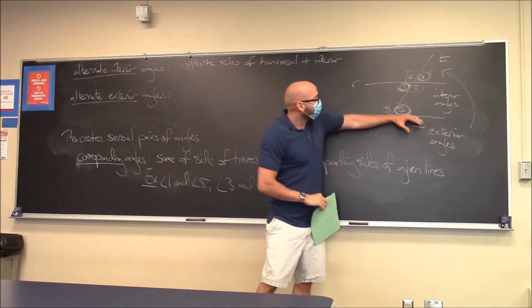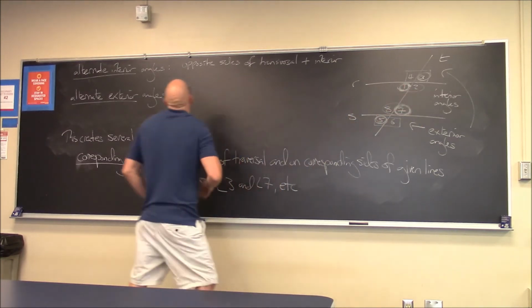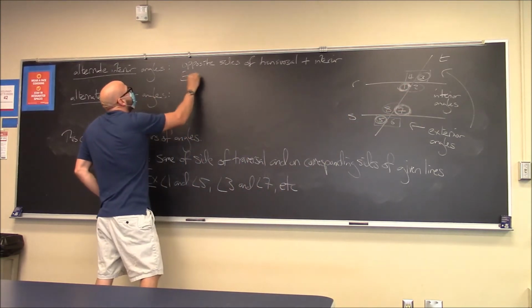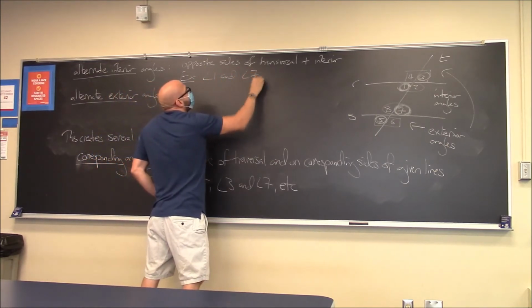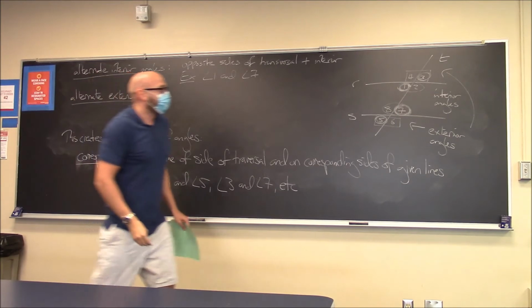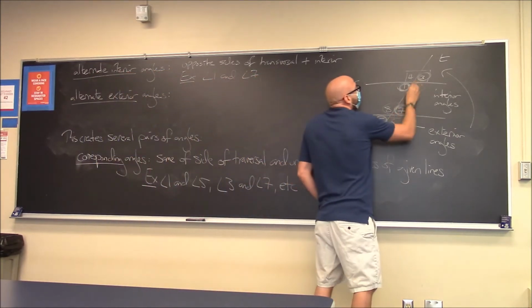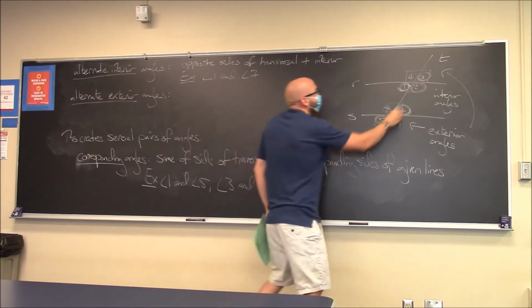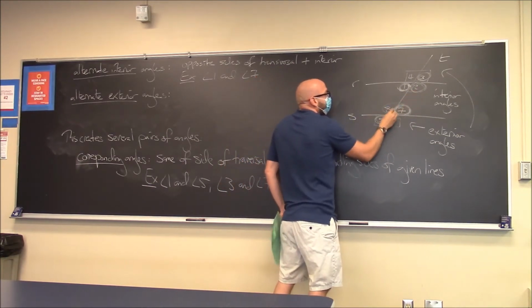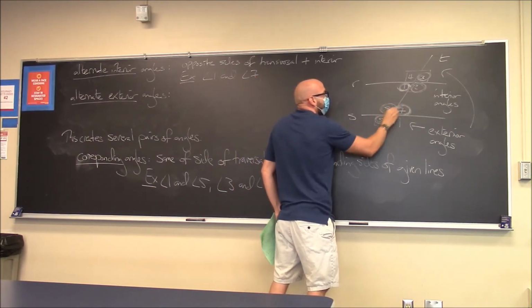So 1 and 7 are alternate interior angles. And I only have one other pair here, which is, choose 2, I need to be interior and on the opposite side of the transversal: 2 and 8.